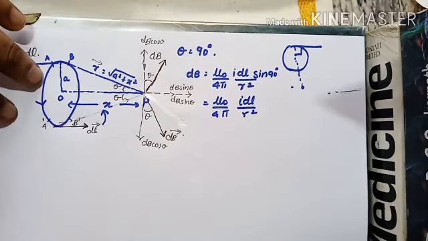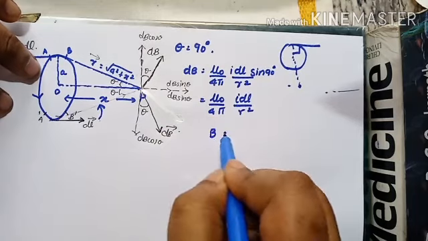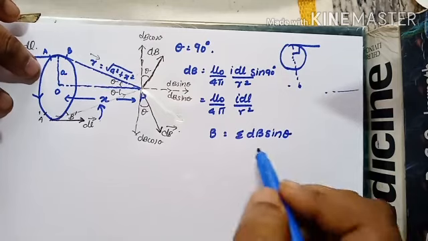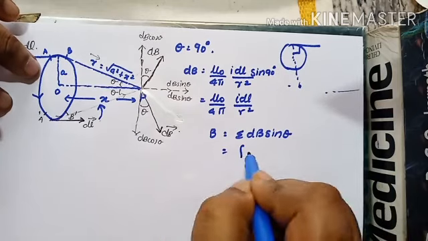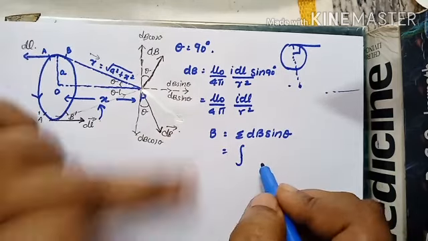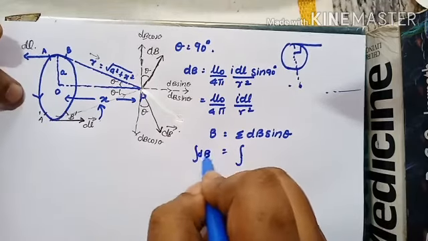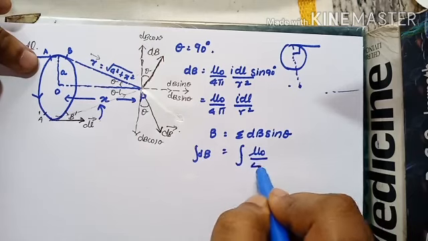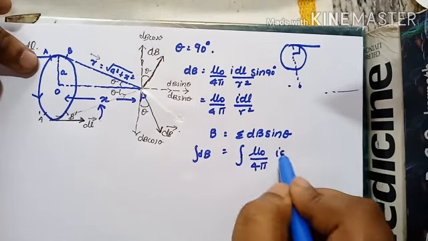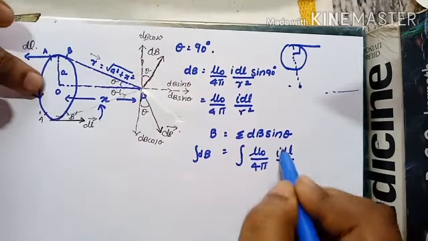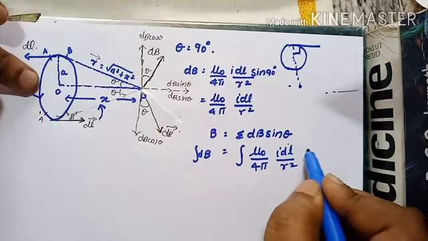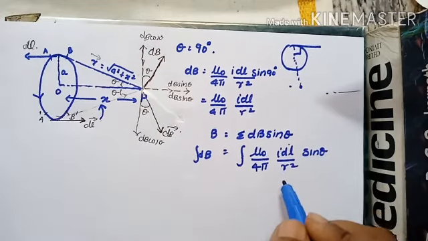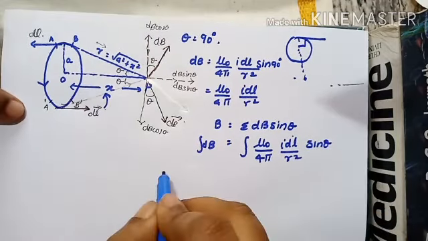So the net magnetic field B is equal to the sum of dB sin theta, which is the integral of dB sin theta. So I write integral of mu 0 by 4 pi I dl by r squared, because that is dB, then sin theta. It is along the x-axis, that is along the axis. Clear?